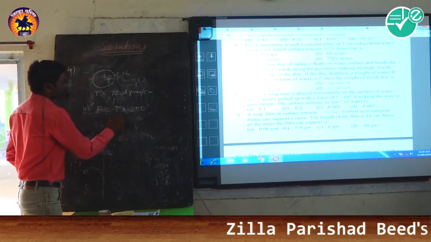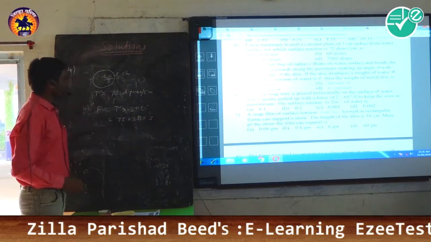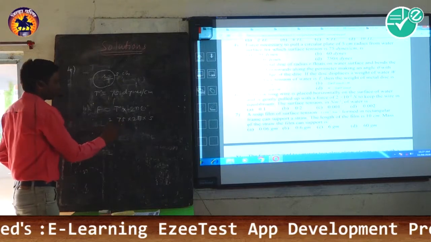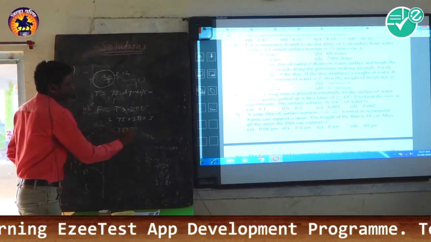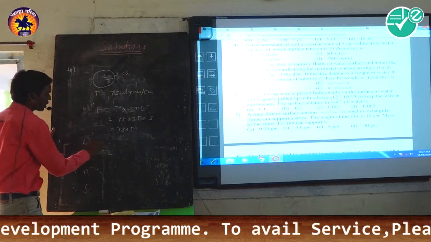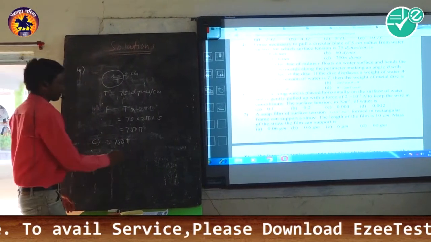So that is equal to 75 into 2 pi into 5. Taking the product 5 into 2, 10, 10 into 75, that is 750 pi. It means the correct option is C, and that is equal to 750 pi dynes.